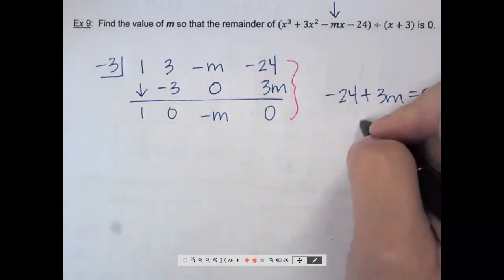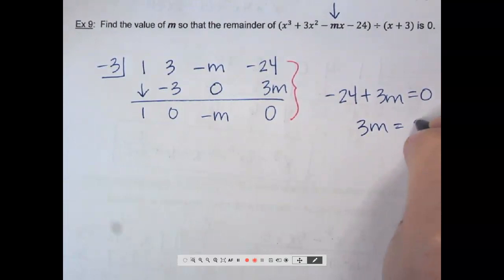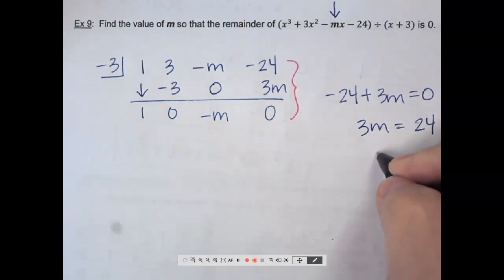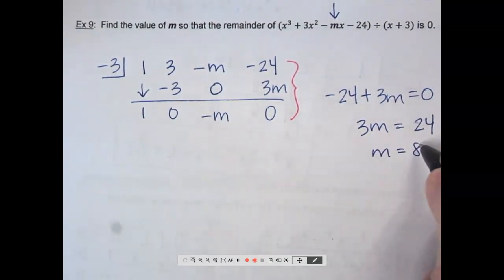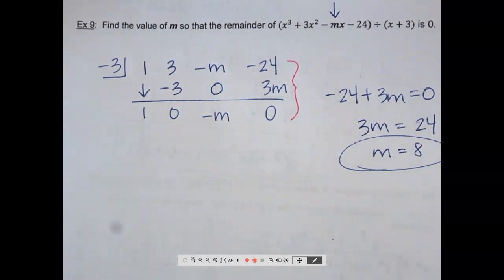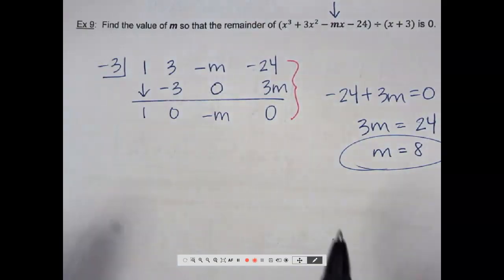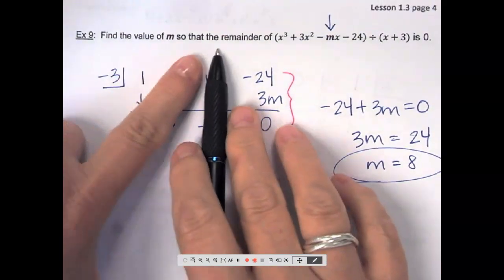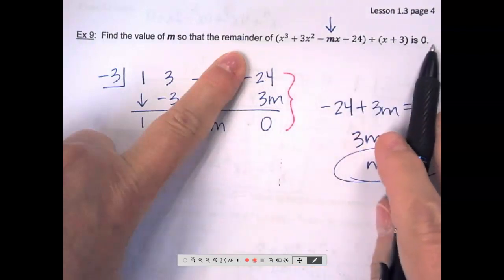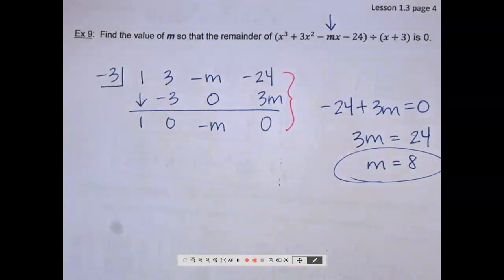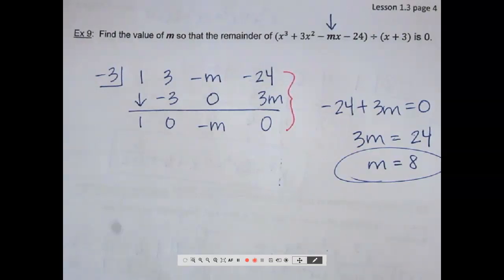I'm going to add 24 to both sides and divide by 3, and m has to be 8. Cool. How did you know that there was a remainder of 0? Because it said so, that the remainder is 0. Any other questions there? No, ma'am. Okay.